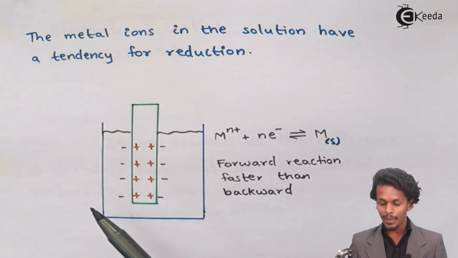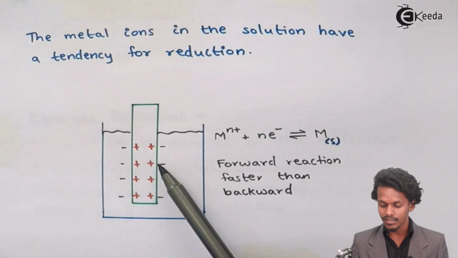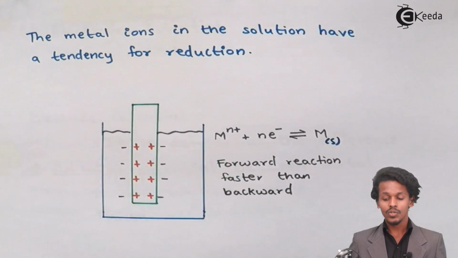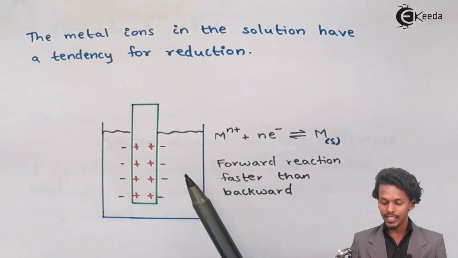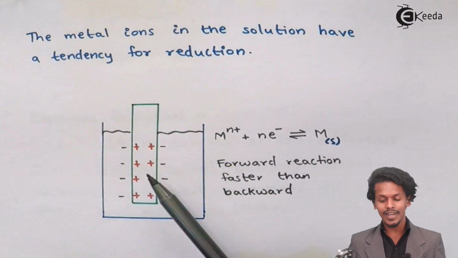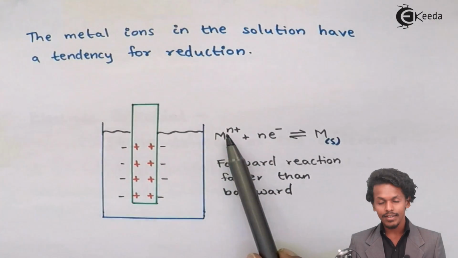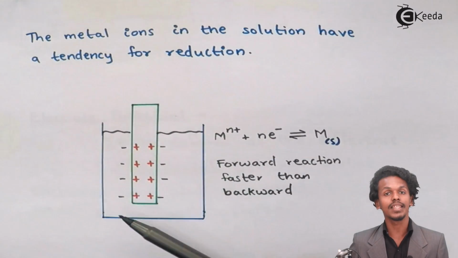The metal plate will lose electrons, and the electrons will be accepted by Mn plus. Since the metal plate is losing electrons, the overall solution will acquire a negative charge, and all the Mn plus ions will accept electrons and deposit on the metal plate.